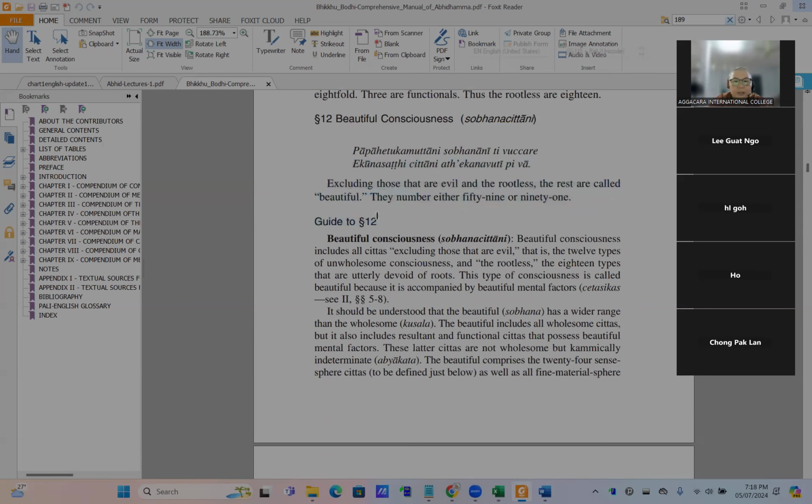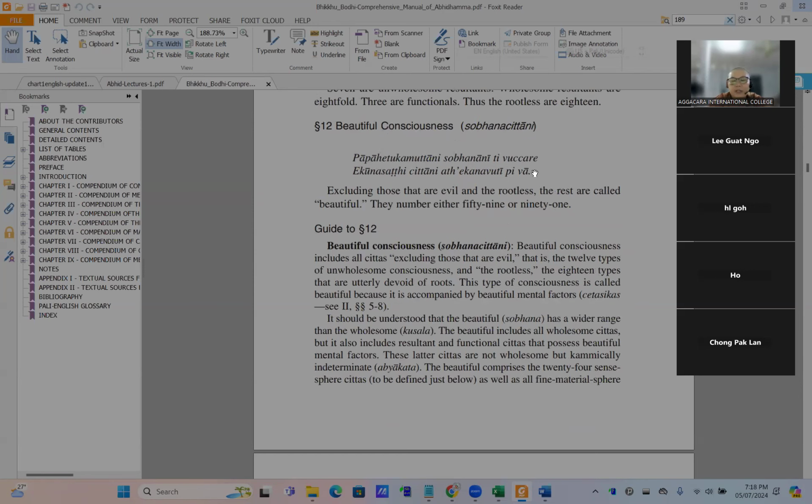Now, the traditional way is they go by the Pali. That's the one written by Venerable Anuruddha. He said very clearly: excluding those evil ones, akusala, and papa means evil. If you have the book, write down papa is evil. Ahetuka is the rootless.